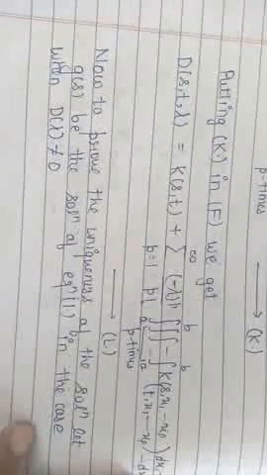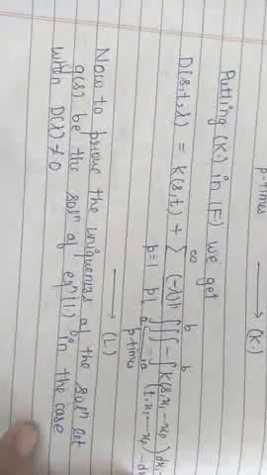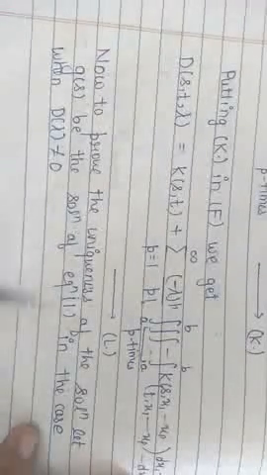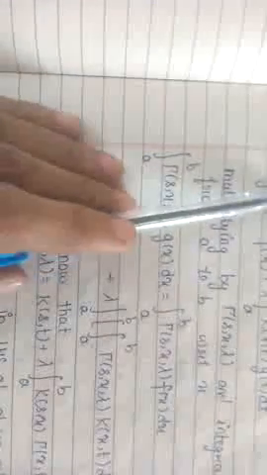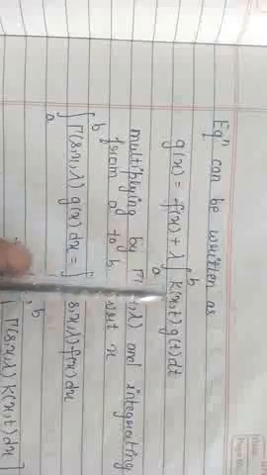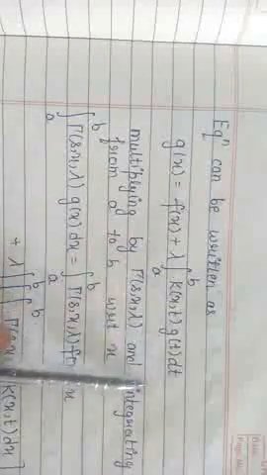Now it remains to prove the uniqueness of the solution. So let us take g s as the solution of the given Fredholm integral equation of second kind. Now replacing s by x, the Fredholm integral equation can be written as g x is equal to f x plus lambda integral a to b k x t g t dt.